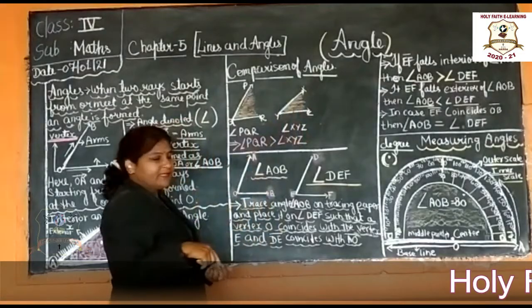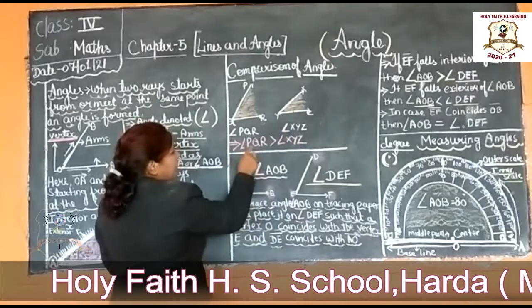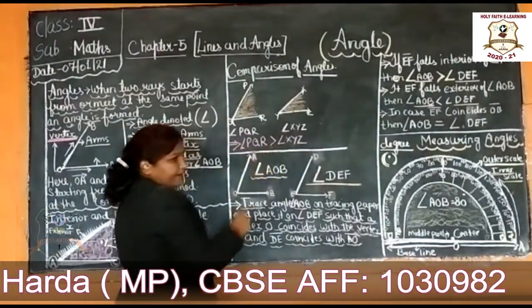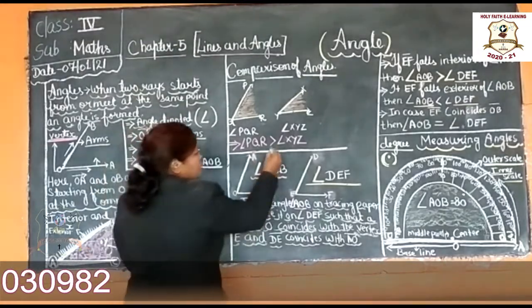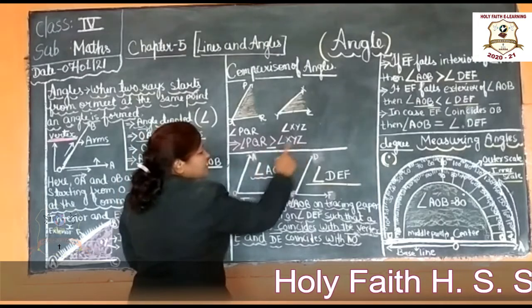So when we compare, we can say that angle PQR is greater than angle XYZ. We have seen the greater and smaller signs.